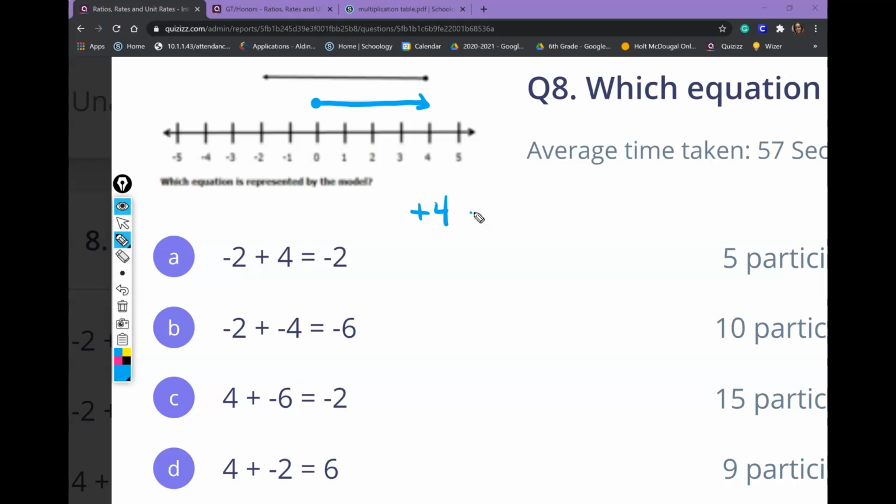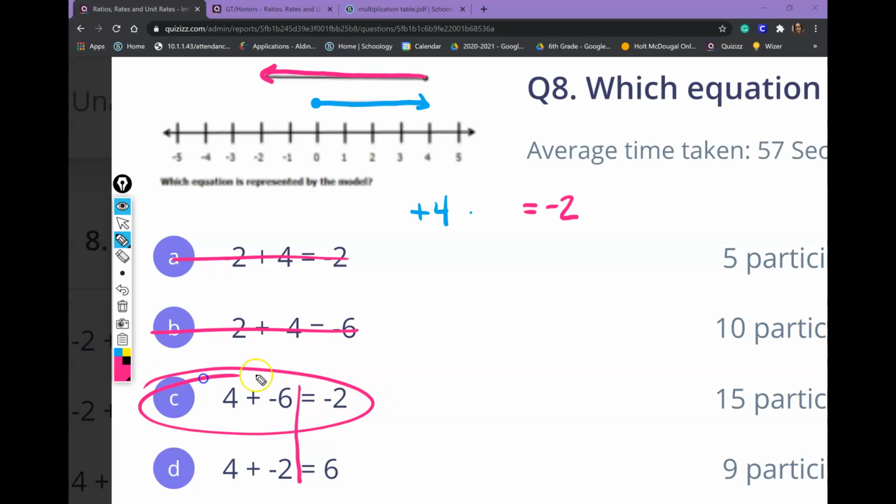Then it goes backwards all the way to -2. So I'm looking for an equation that has a +4 first and then an answer choice of -2. That's not a +4, that's not a +4, that's a +4, but what comes after the equal sign? I need a -2, the only one that has that is C.